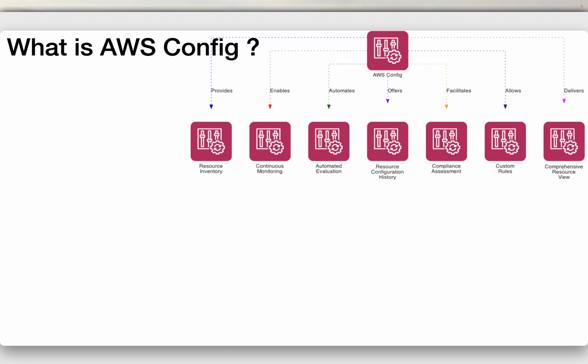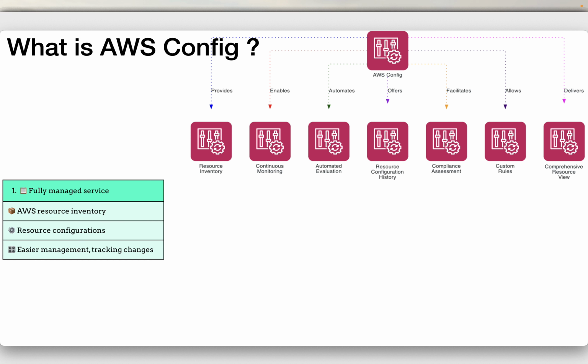So what is AWS Config? AWS Config is a fully managed service that provides an inventory of your AWS resources and their configurations, making it easier to manage and track changes.